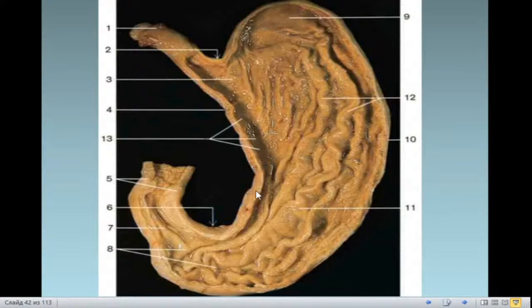And that is the groove along which the fluids usually move. The lowermost portion, called the pyloric part, has the antrum, pyloric canal, and pyloric sphincter.